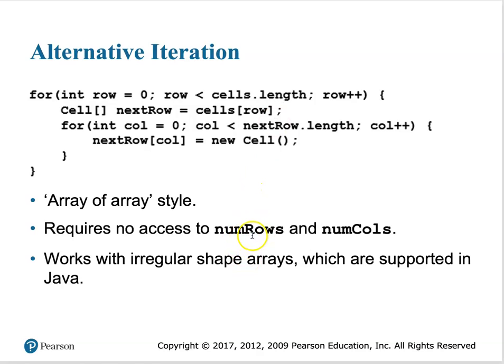So we don't need to know num rows and num columns. This allows for non-square array types, which is to say that each row in an array could have a different length, as opposed to having to be a predefined set grid. And that could be useful.